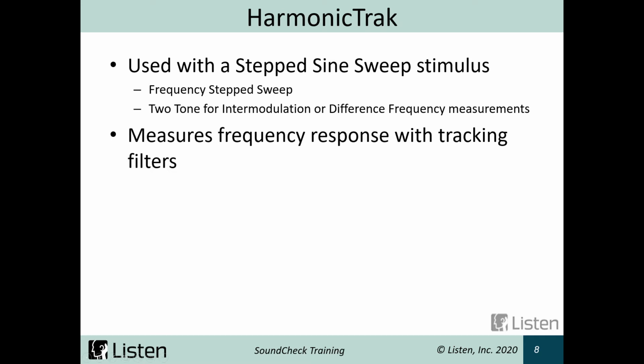This algorithm will measure the frequency response with tracking filters. So as we're sweeping, as we're stepping throughout, we're going to filter out everything except for the exact frequencies we're stepping in the stimulus. That'll be able to give us our frequency response.